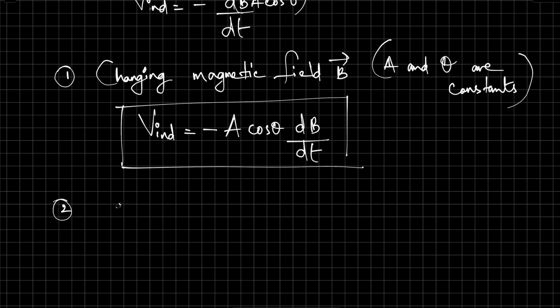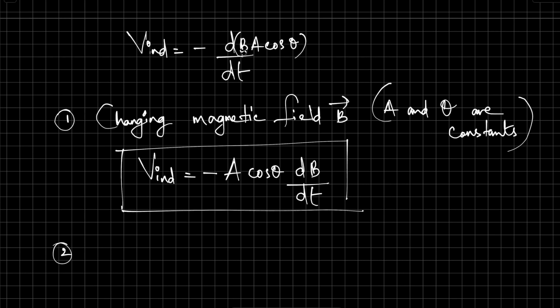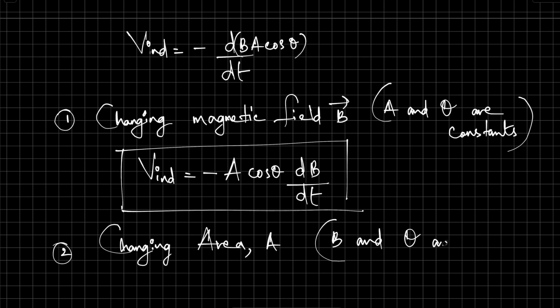So this is the equation for induced voltage if you're changing magnetic field. Case number 2, I'm going to keep magnetic field and angle as constants, and I'm going to change the area. So B and theta are constants.